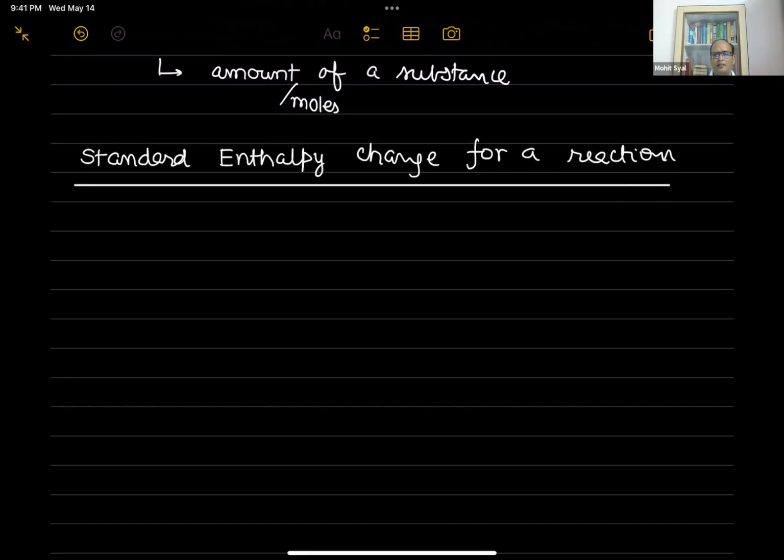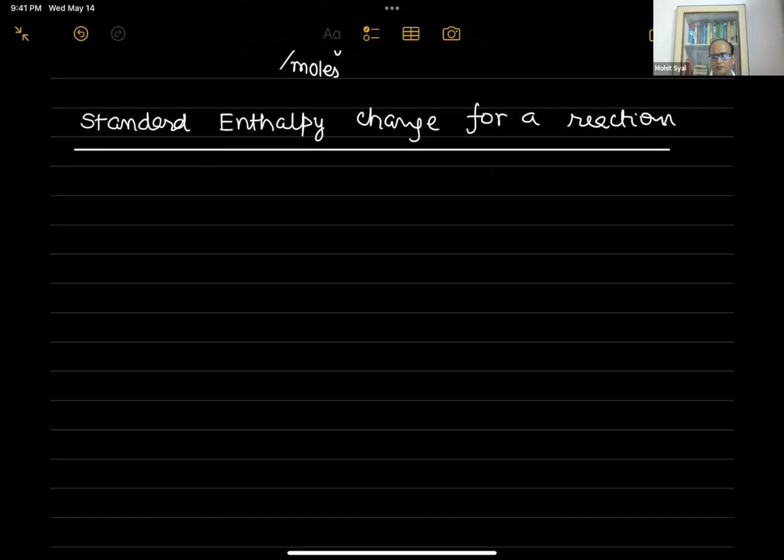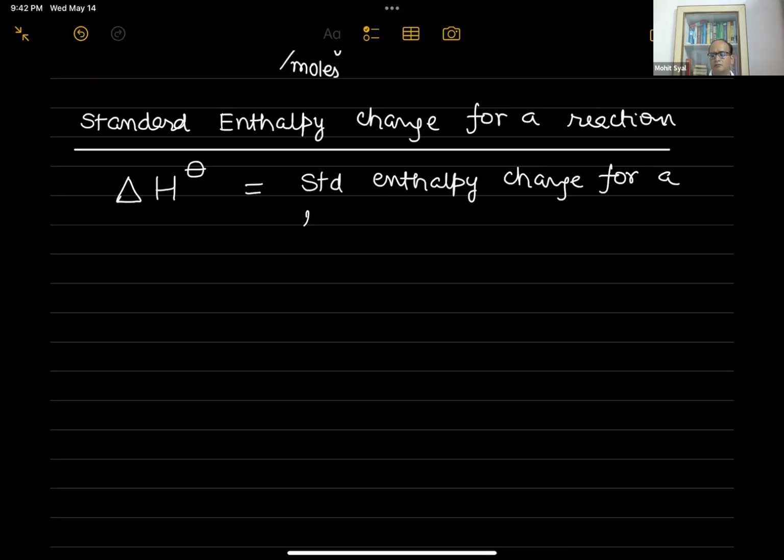It is also represented by delta H, but you put a subscript. Delta means change, H is the heat change at constant pressure, the enthalpy change, and this is the sign used for standard enthalpy change for a reaction.